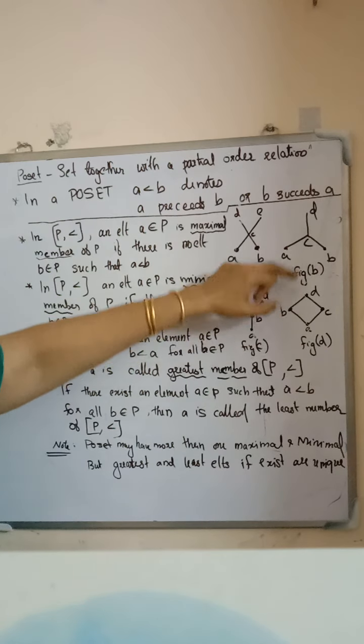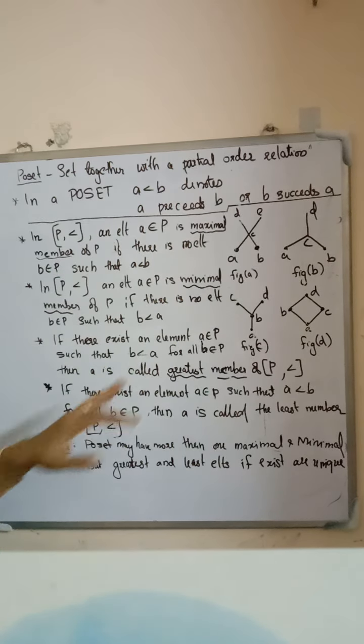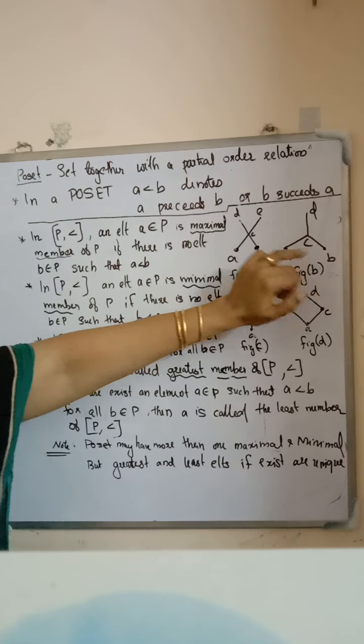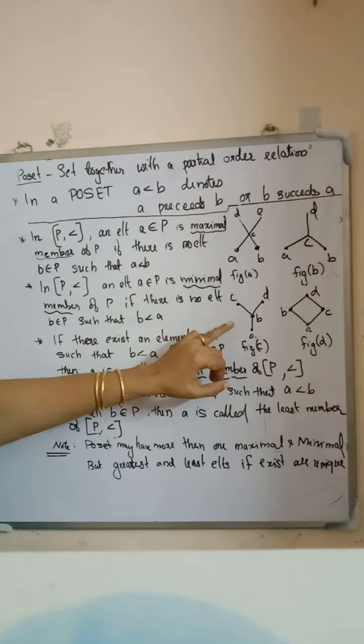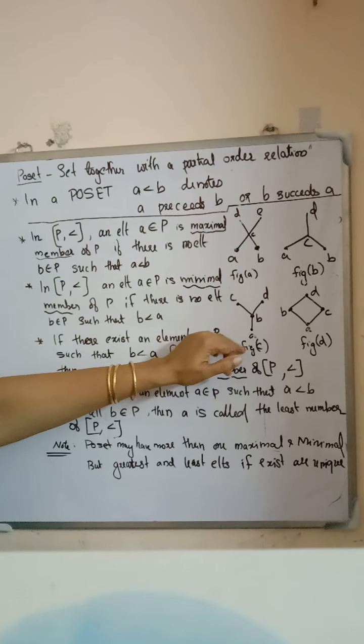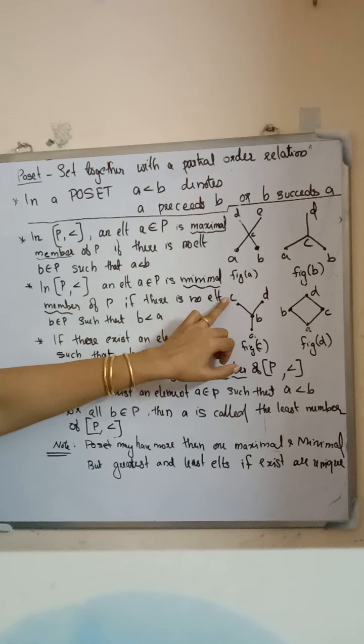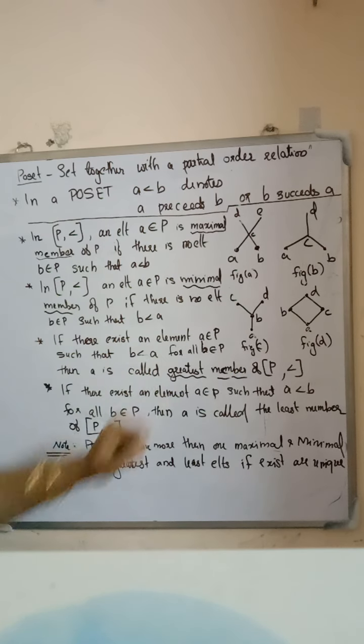So in this figure we couldn't find a greatest member. In figure B, D is the greatest member because all other elements A, B, C are less than D. Also, in figure C, we couldn't find a greatest member because C and D are not comparable.